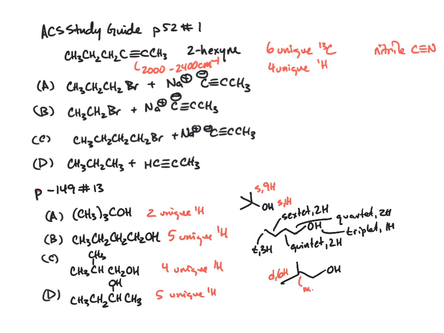So we'll call it a multiplet that integrates to 1H. Then we have a CH2, so that's 2 H's, and that would be 2 plus 1, that's 3, so a triplet.